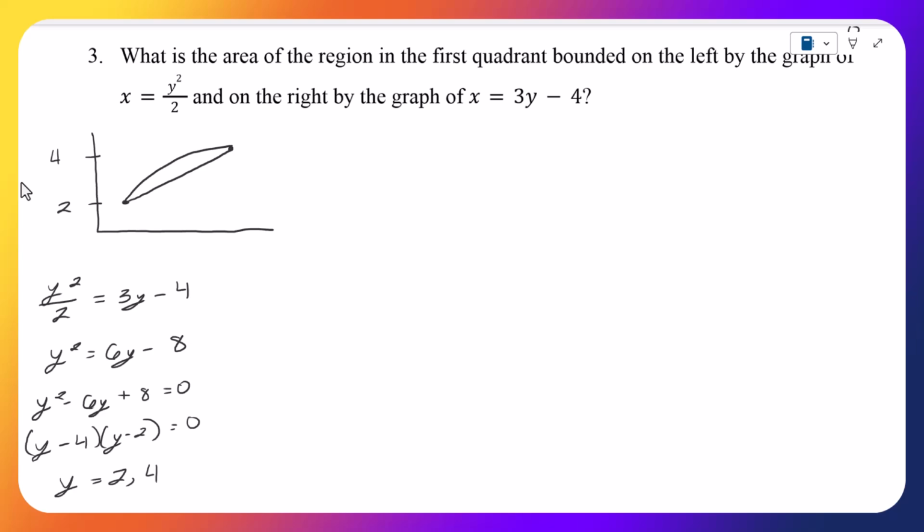So let's see what that looks like. We don't know which function is which yet. Well, actually we do. We know that the left one is y squared over 2, and the right one is 3y minus 4, because they tell us. They were fortunate enough to tell us. Otherwise we'd have to find it like we did before.